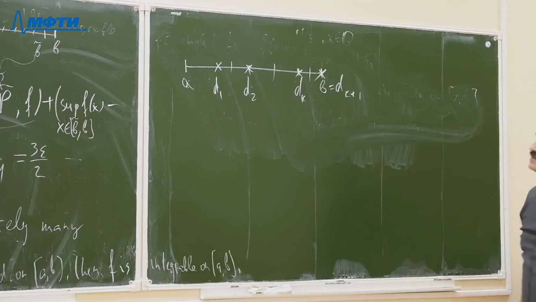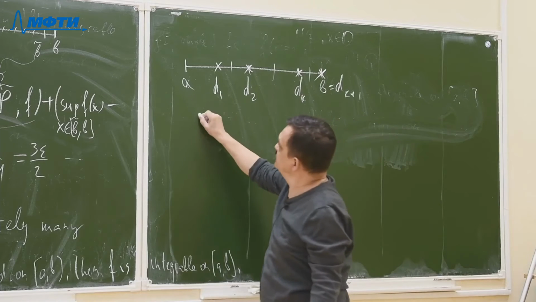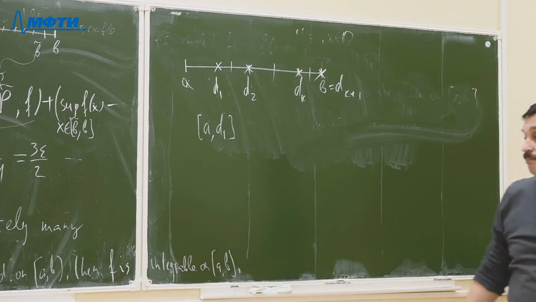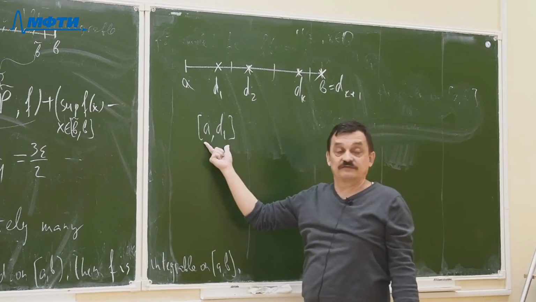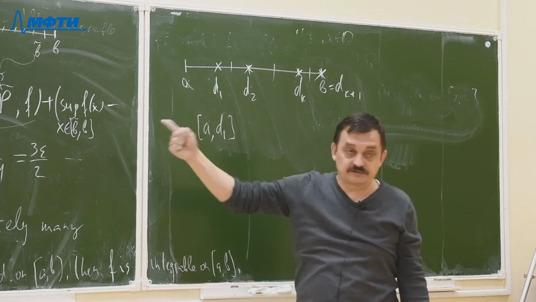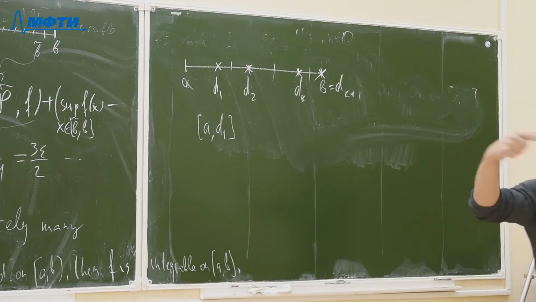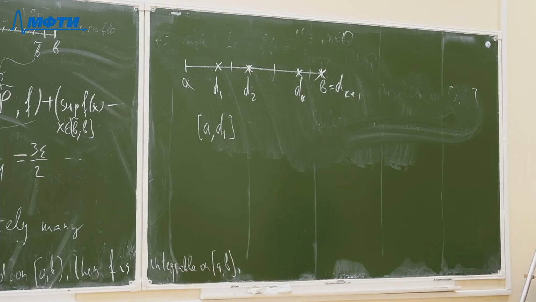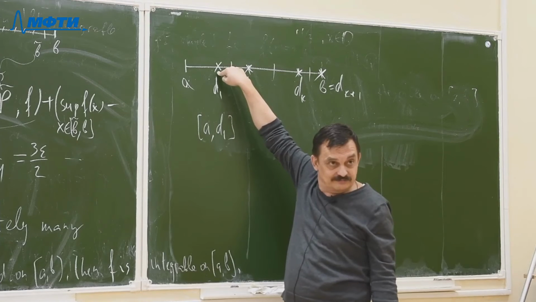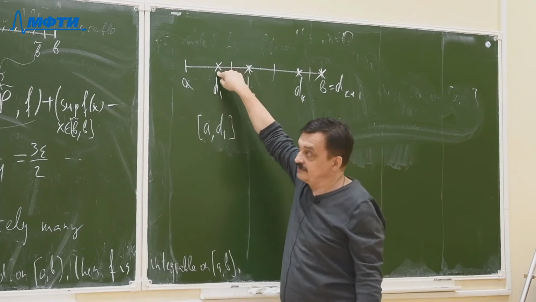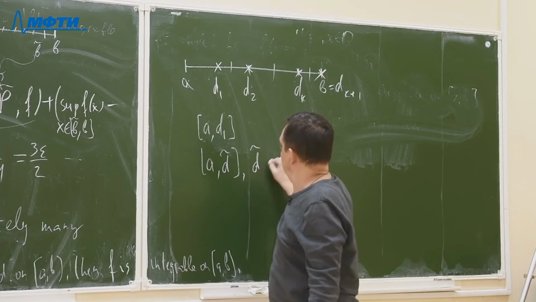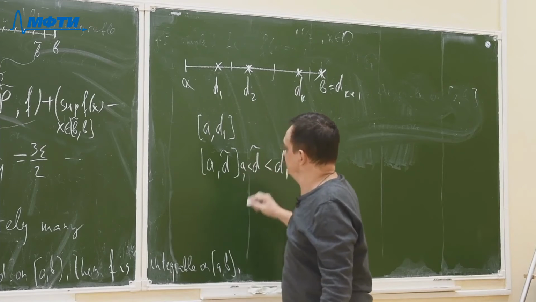Such that, for example, consider [a, d1]. What happens for our function on the interval [a, d1]? First of all, it is bounded, because we supposed it's bounded on the whole [a, b]. And also, it is continuous here everywhere except the point d1. In particular, it is continuous on every interval [a, d tilde], where d tilde is less than d1 and of course greater than a.